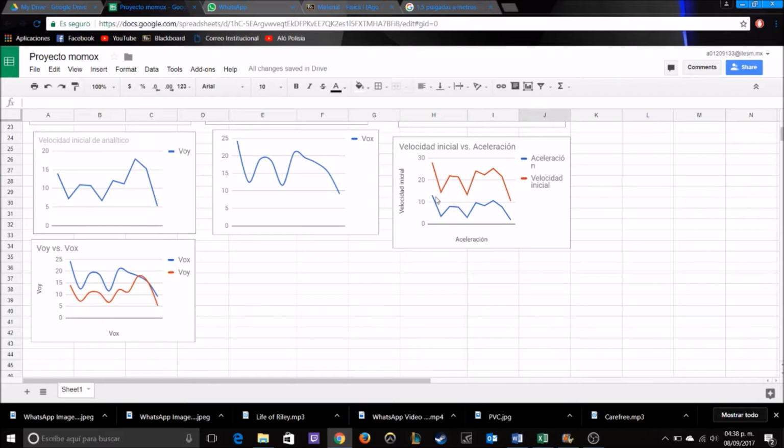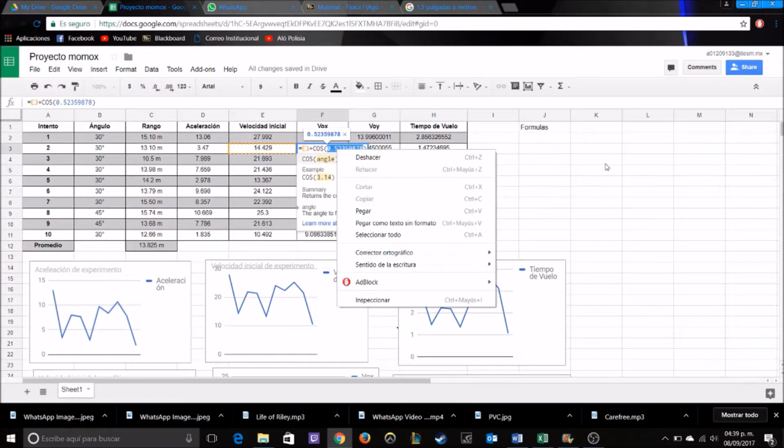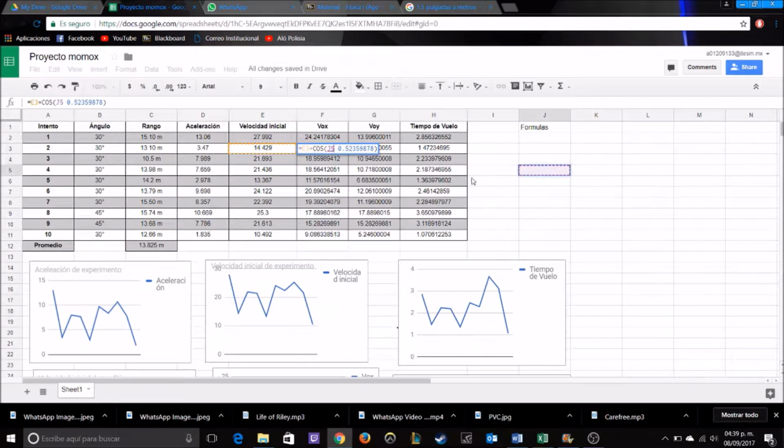Also, if you compare these both graphs, you could see that they are almost the same in their shapes, which means that the initial velocity and the acceleration should be pretty similar.